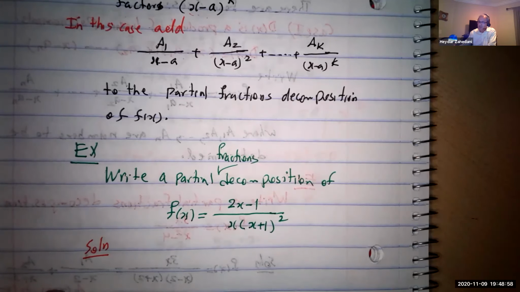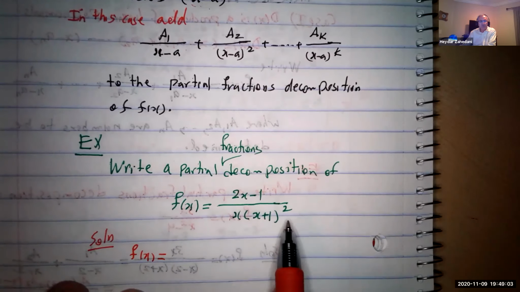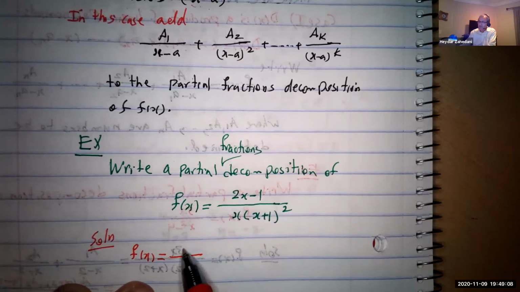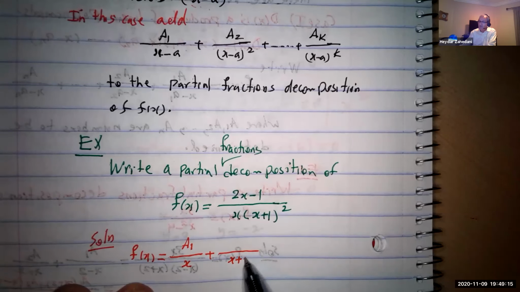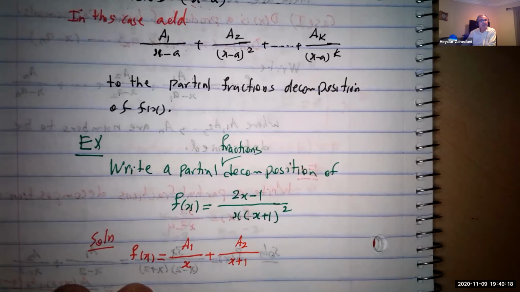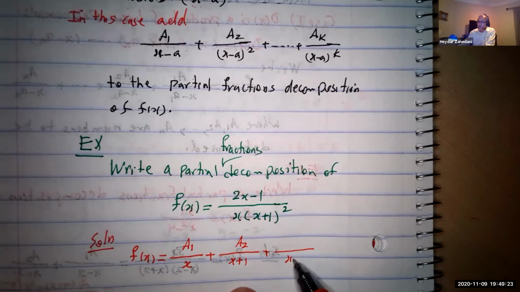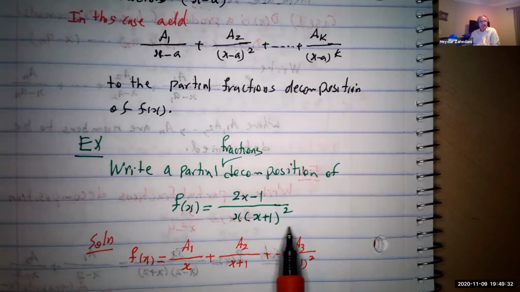So f of x is equal to, you have two factors. The first factor is x, so put a1 on the top. Plus the second factor is x plus 1, put a2, but it's repeated, so you repeat it: x plus 1 all squared, a3. It's done. You have to go up to the multiplicity.